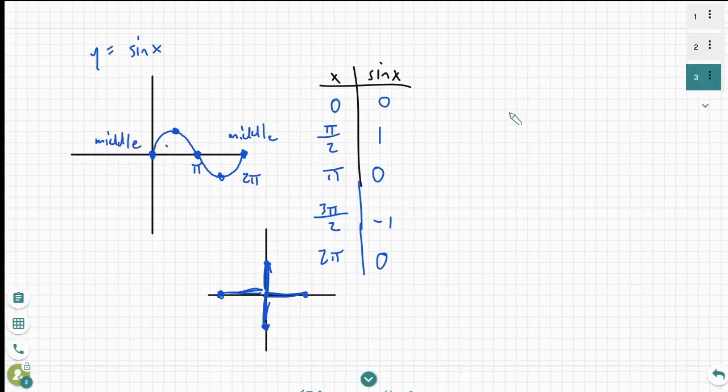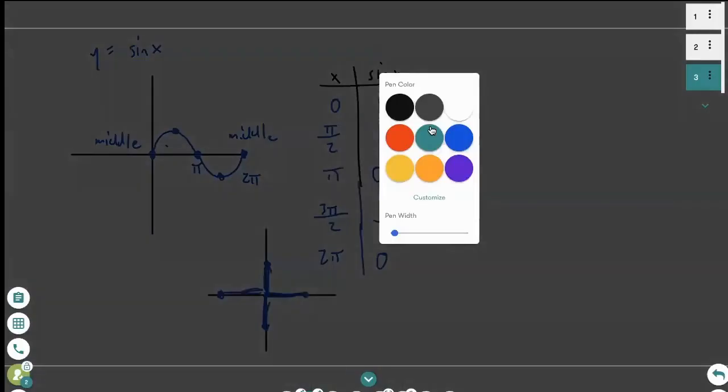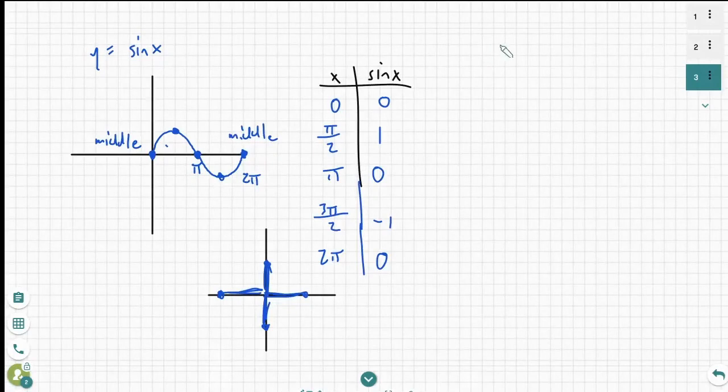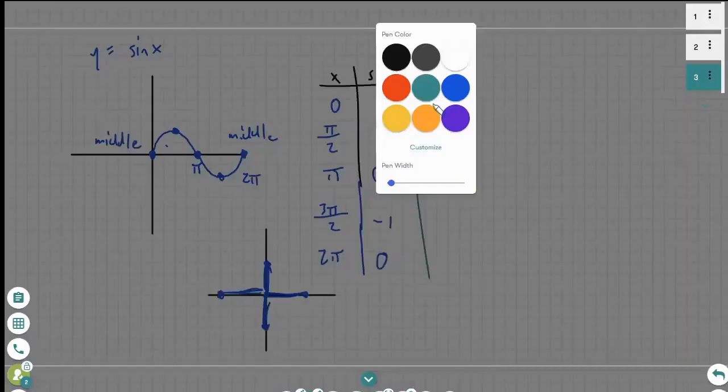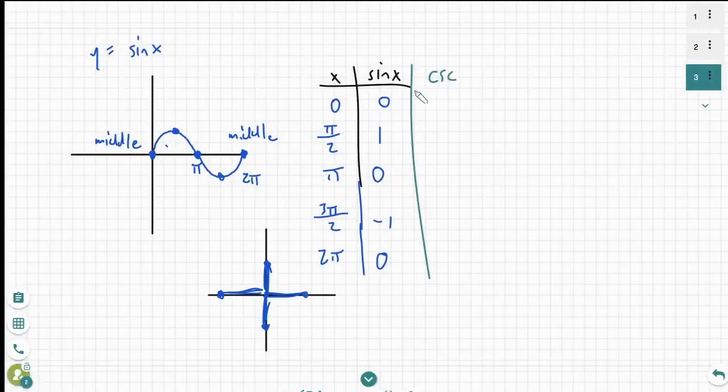Okay. So now let's talk about cosecant. So cosecant is the reciprocal of sine. So cosecant is equal to 1 over sine of x, or you can think of it as hypotenuse over opposite.